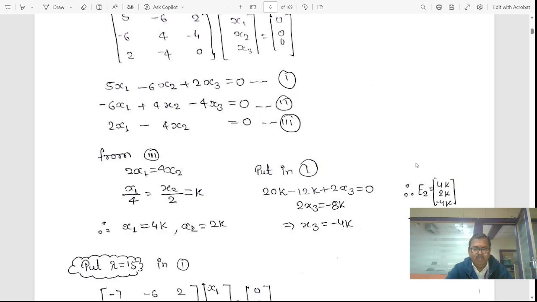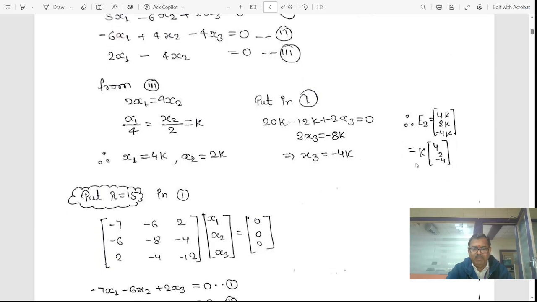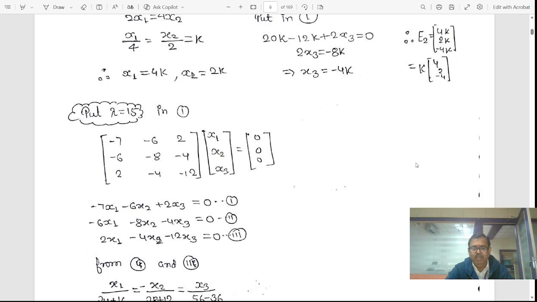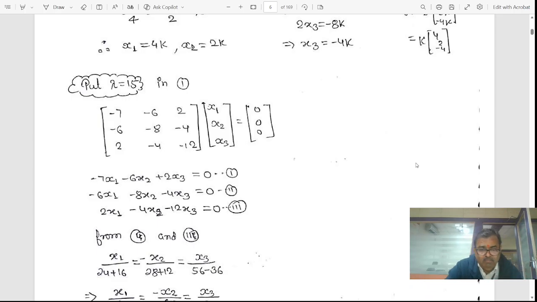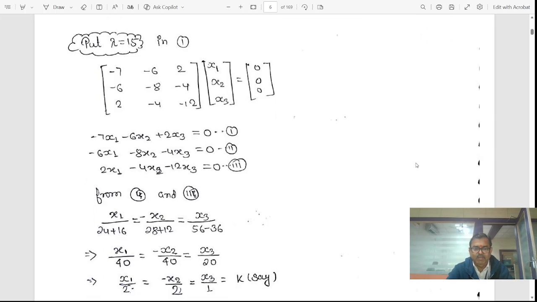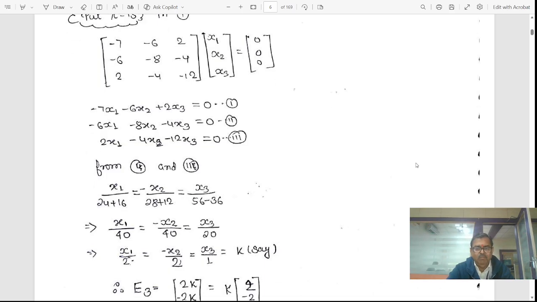Now again we find the eigenvector corresponding to lambda = 15. Put it in equation 1, so we get another equation in matrix form, and multiplying by [x1, x2, x3], we get three equations in three variables. Taking any two equations, 1 and 2, and applying the previous formula in ratio form, x1 upon 24 + 16, x2 upon 28 + 12, and x3 upon 56 − 36. So x1 upon 40, minus x2 upon 40, equals x3 upon 20.